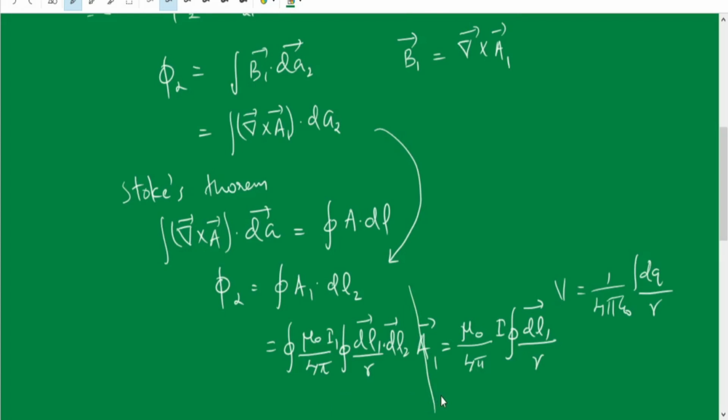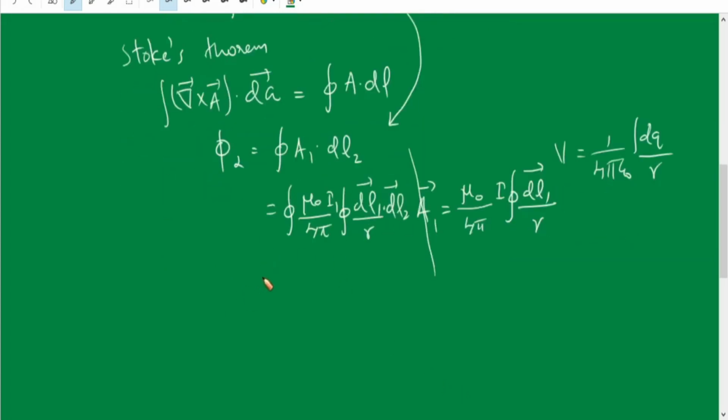We can write this as phi 2 equal to mu 0 divided by 4 pi, I1, closed integral, actually a double integral, of dl1 dot dl2 divided by r.